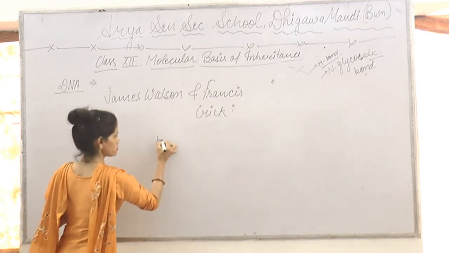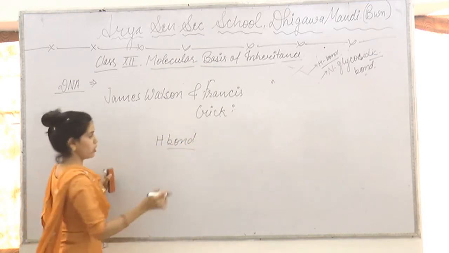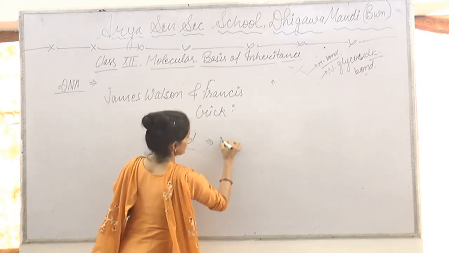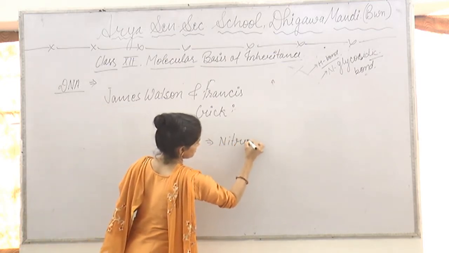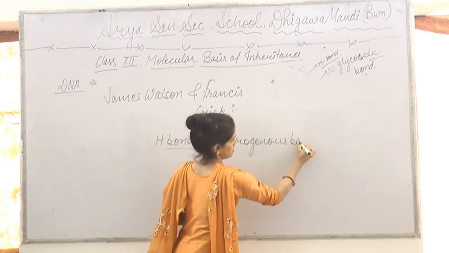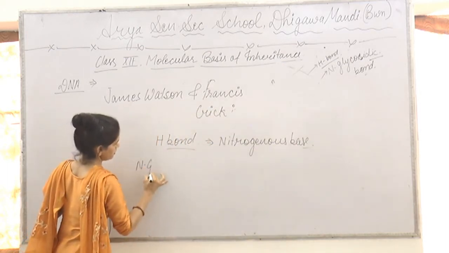One is a hydrogen bond. In case of ultrastructure of DNA, there are three types of bond. Hydrogen bond, which is present in between the nitrogenous bases. And second one is N-glycosidic bond.